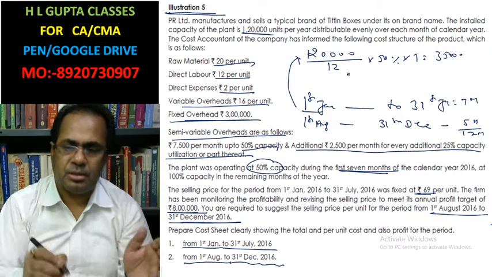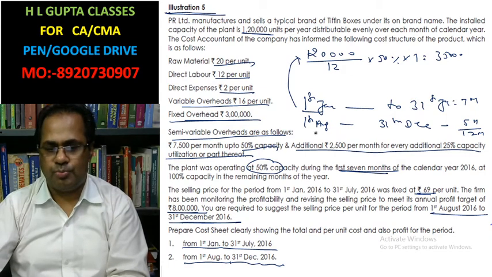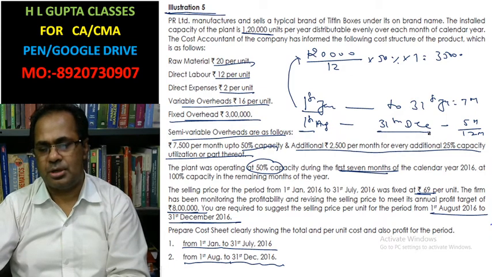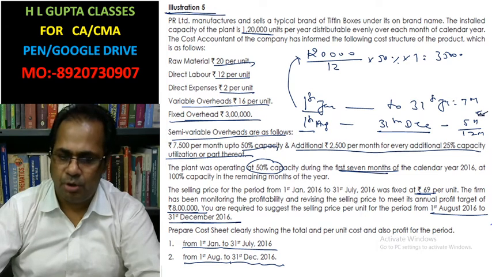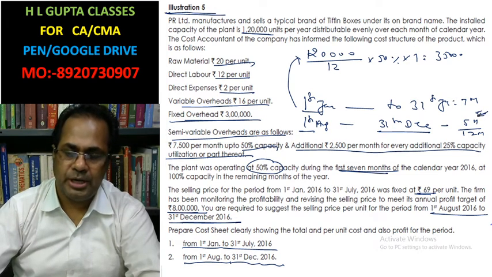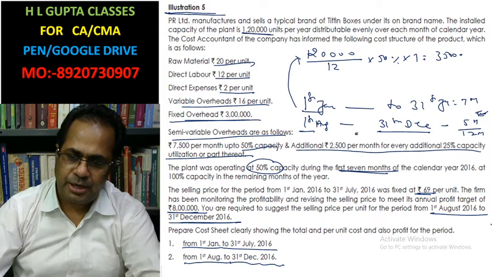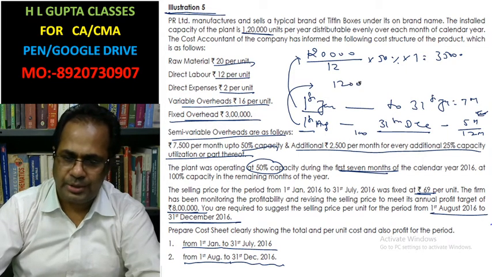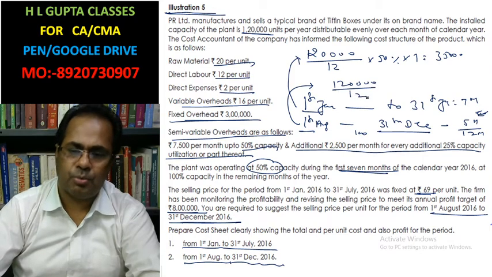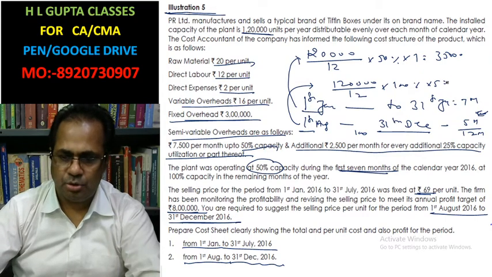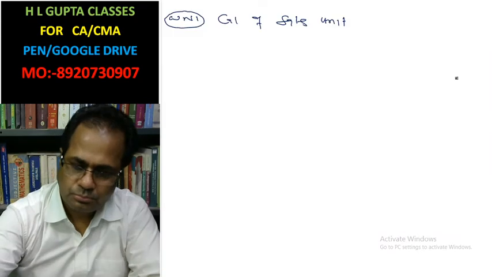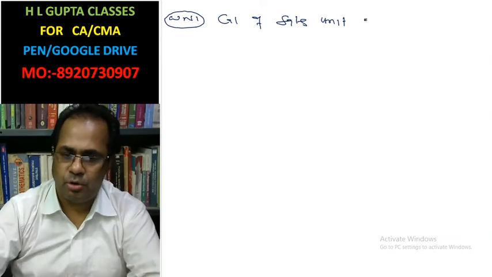And for the remaining 5 months, from 1st August to 31st December, my capacity is 100% utilized. So 1,20,000 divided by 12 gives one month's sale, and for 5 months at 100% capacity this is your sales.